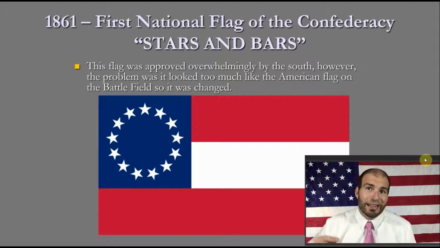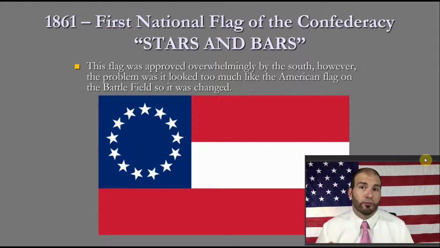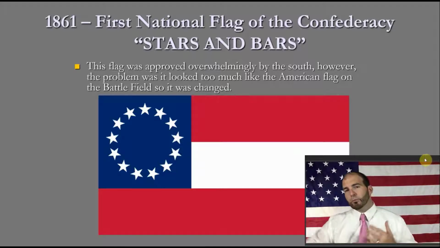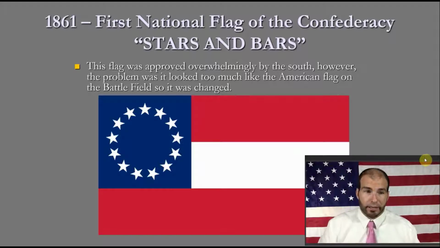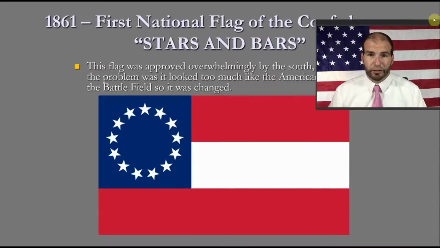But since each state had its own military, because they had the Articles of Confederation, each army is going to have its own flag, all right? So there are multiple flags. There are the flags that get used in battle, and there are flags that get used for politics. This is a flag that was used for politics, all right?